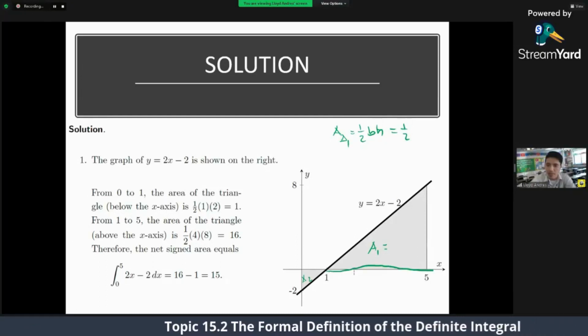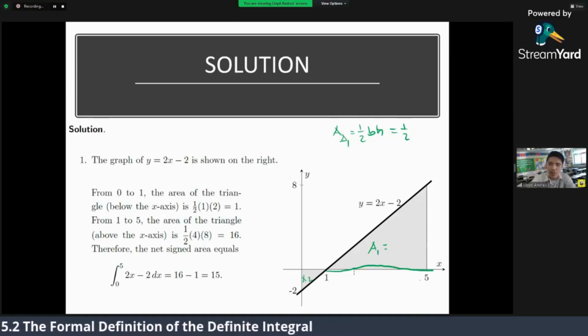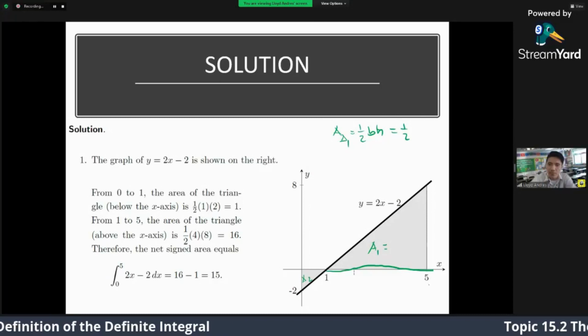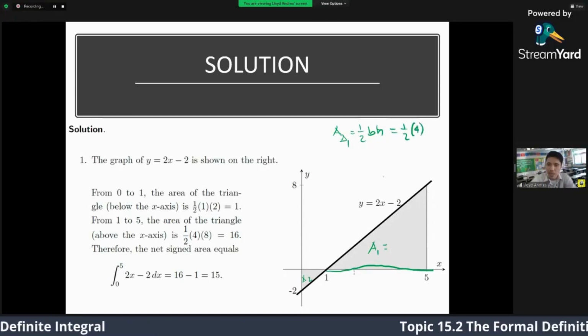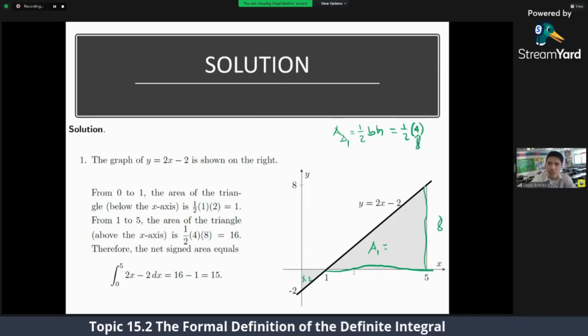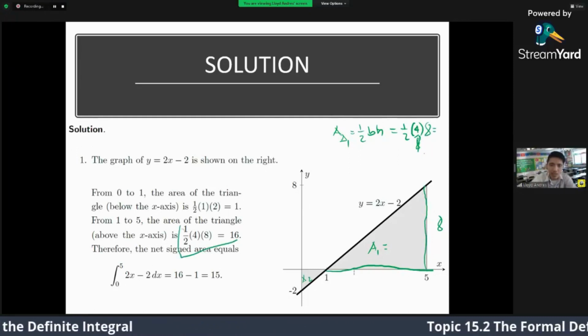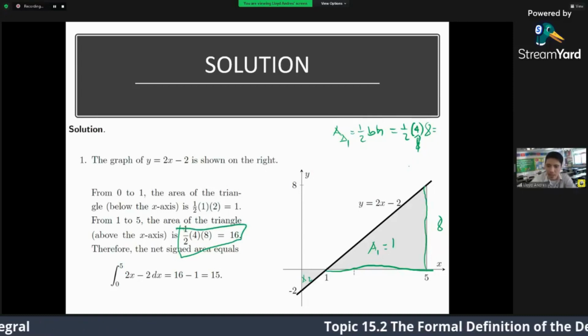From 1 to 5, that's 4 units: 2, 3, 4, 5. So that's 1/2 times 4 times our height, 8. Times 8, I mean. So that is 16. Meaning the area is 16.